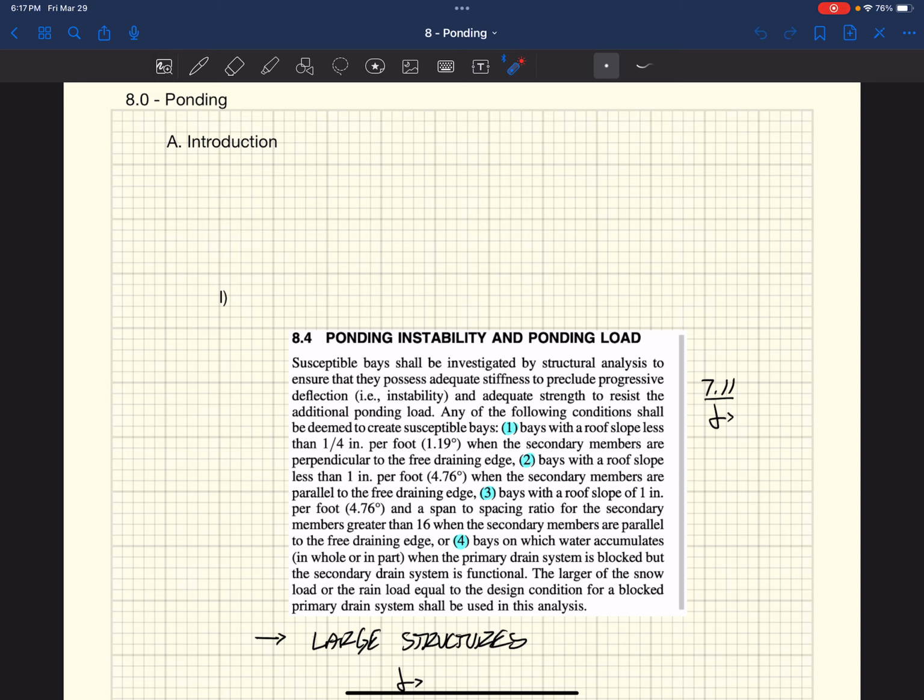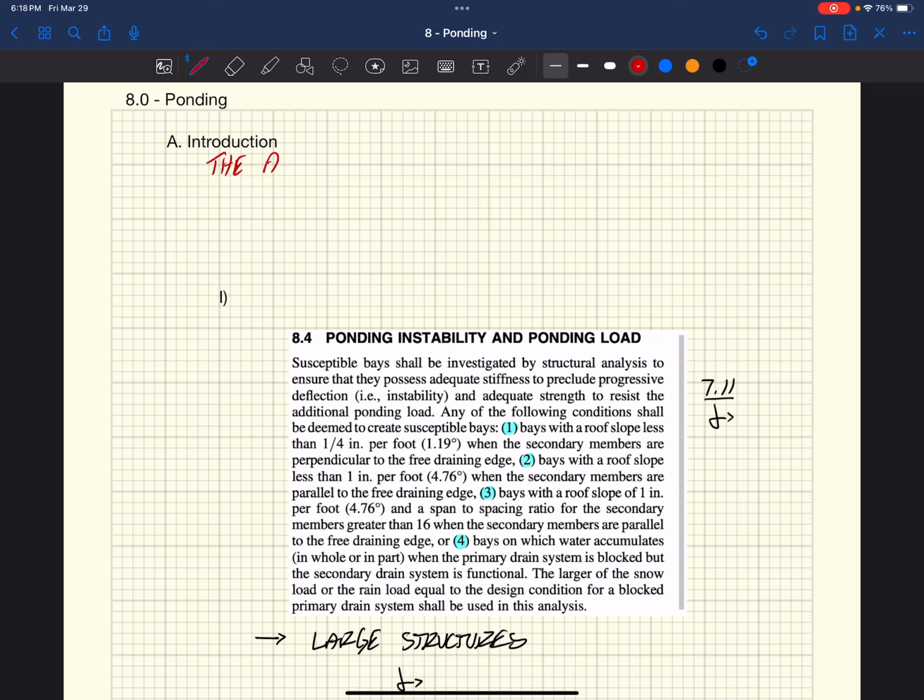So if we start by looking at ponding, right, introduction of which, the definition here, as I kind of described, is really the accumulation of water caused by the deflection of the roof structure resulting in added load. Well, let's write this down.